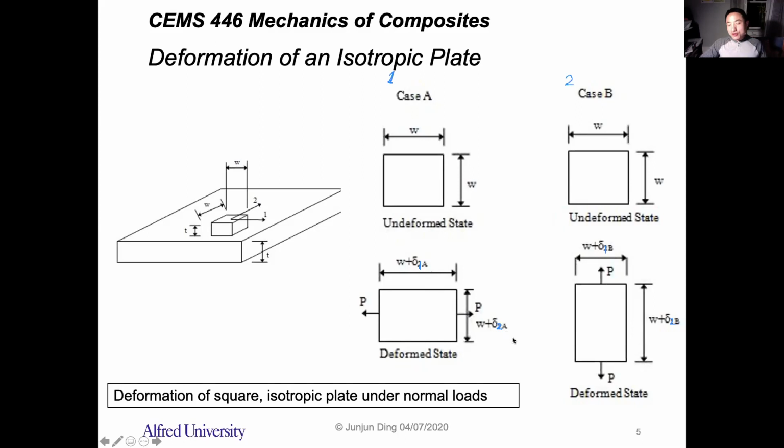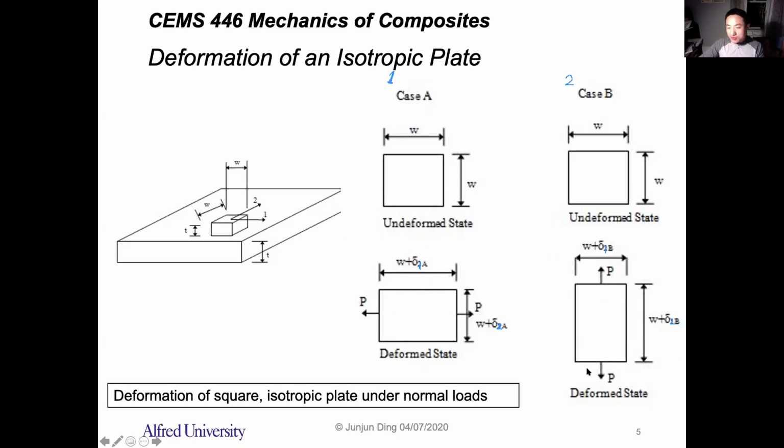Apparently this delta 2A is a negative value, right? Here delta 1B is a negative value. So if you have an isotropic material, you will find out when you apply the same amount of loading on the 2 directions, you will find out the delta 1A equals delta 1B.